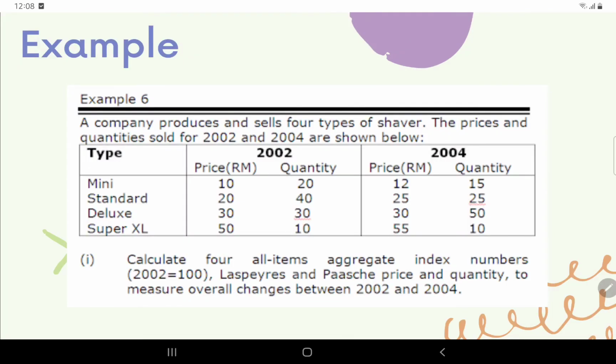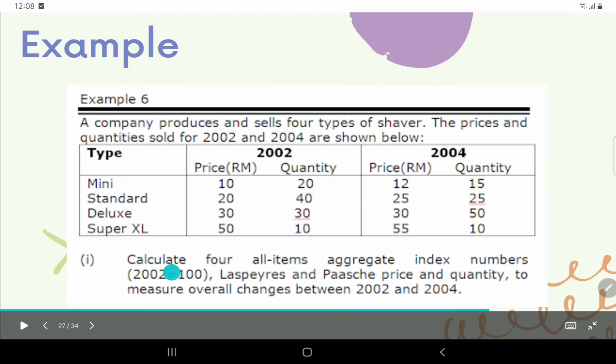Okay, for example, look at this question. The company produces and sells 4 types of shaver: mini, standard, deluxe, and super XL. So this is the price and quantity for 2002 and price and quantity for 2004.